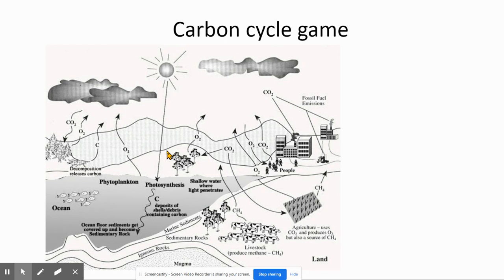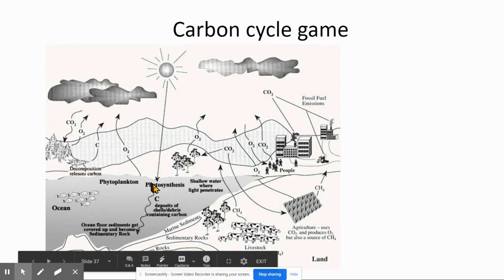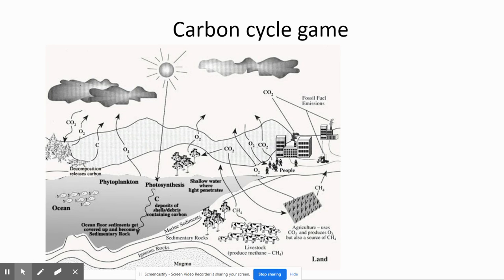So basically, limestone is calcium carbonate, and limestone is made out of dead plants and animals. Our state fossil is a brachiopod, which has a shell. The algae does photosynthesis, and then that goes through the food chain. But anything that has a shell is made out of calcium carbonate, like seashells, brachiopods, snails, crabs, lobsters, shrimp.